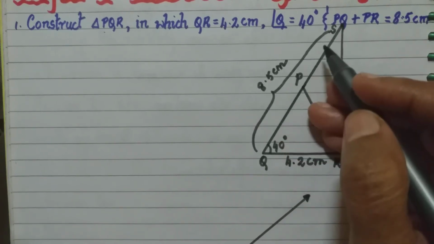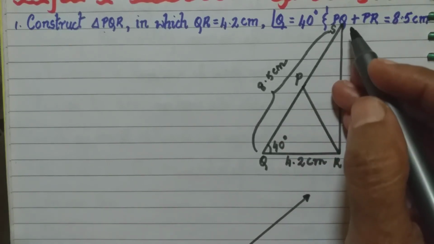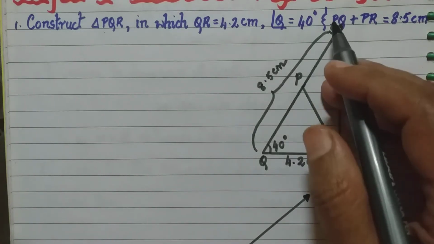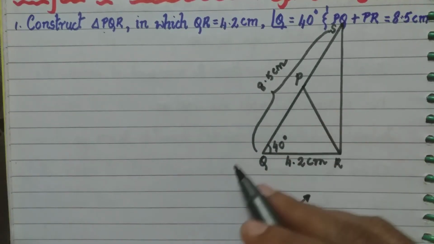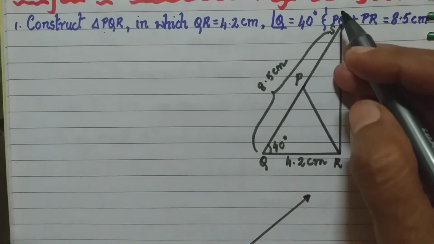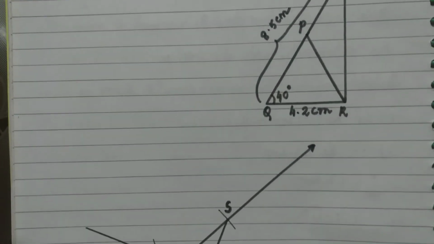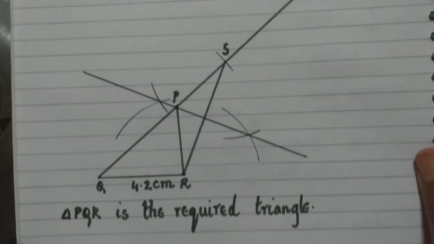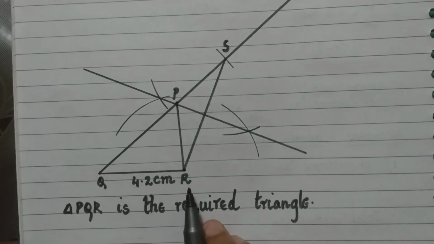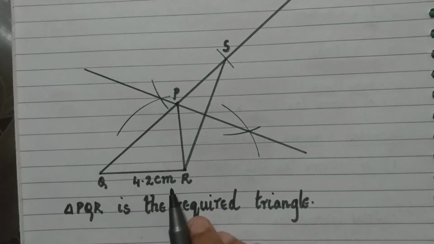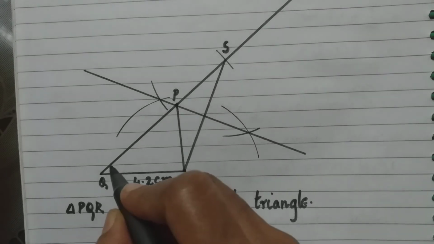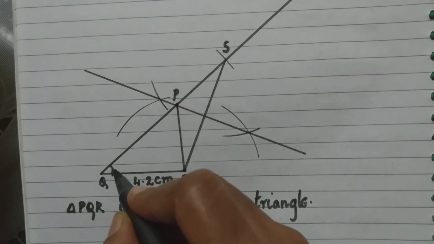Once we take 8.5 centimeter, we mark that vertex as any other vertex other than P, Q and R. So I have marked it as S. So this is 8.5 centimeter. Now coming to the fair figure. Now in the fair figure what we did? First we drew the base QR, wrote it as 4.2 centimeter. Then we drew a ray here.